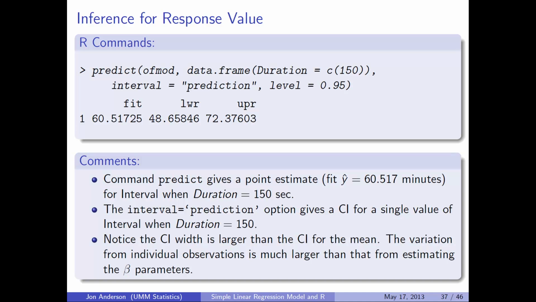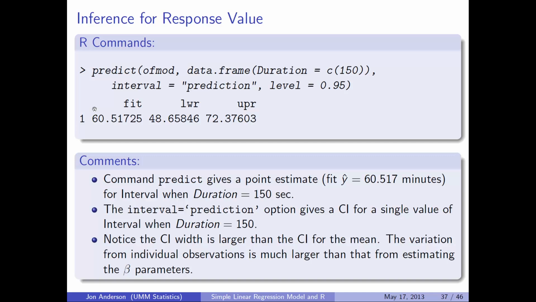If you're going to do this in R, you'll notice it's the predict command again. The simple linear regression model object, OF mod, goes here. We're going to predict at an eruption of 150 seconds. And the option changes to prediction. If you're interested in saying what an individual eruption waiting time is going to be, you have to put in the prediction option.